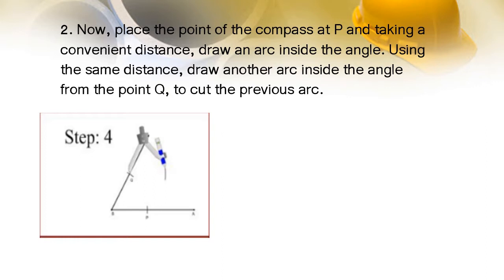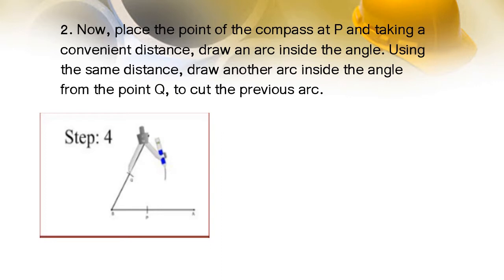This ray OB and this arc meet at the point of intersection. Place your compass point on that point, that is P, and taking a convenient distance, draw an arc inside this angle. This is the inside of this angle, okay?